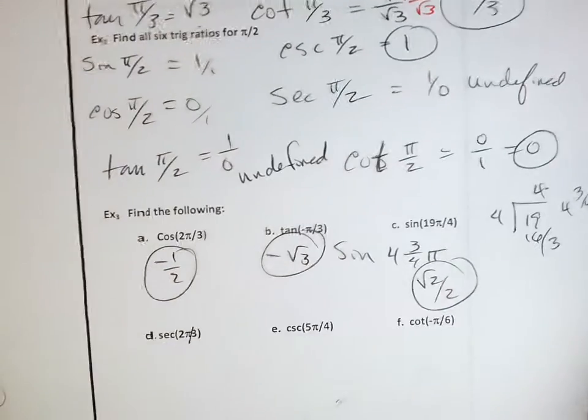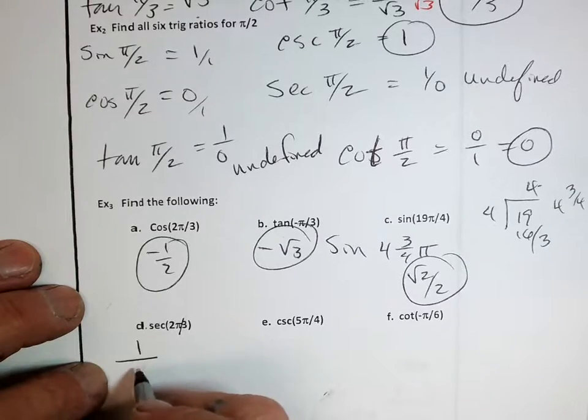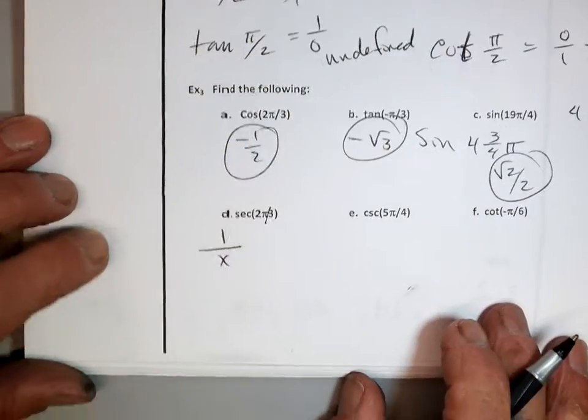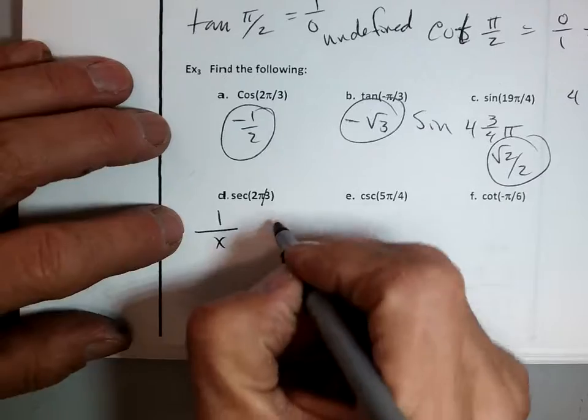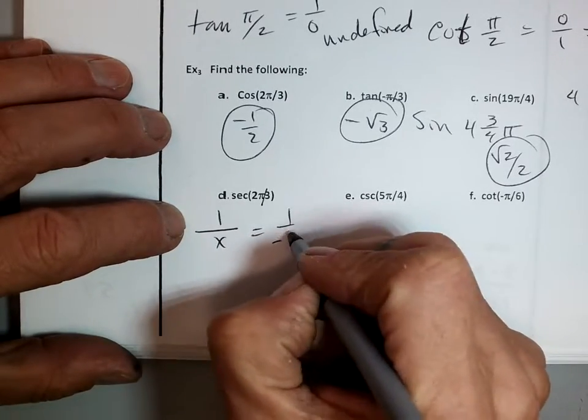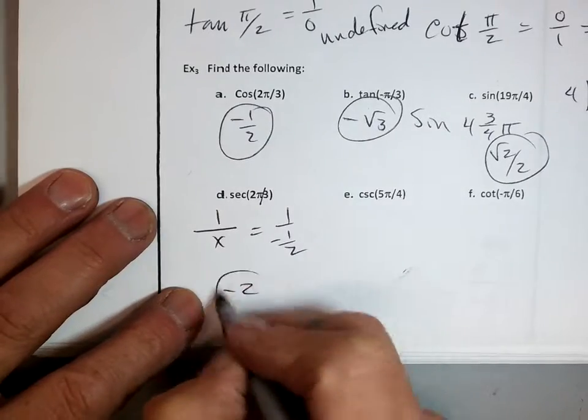Okay. Secant. Now secant's going to be the 1 over the x value. I'm going to write that down right off the bat. It's 1 over the x value. So 2 pi thirds is here. What's the x value? So it's 1 over a negative 1/2, right? Yep, it's 1 over negative 1/2, which flips it up to a negative 2.